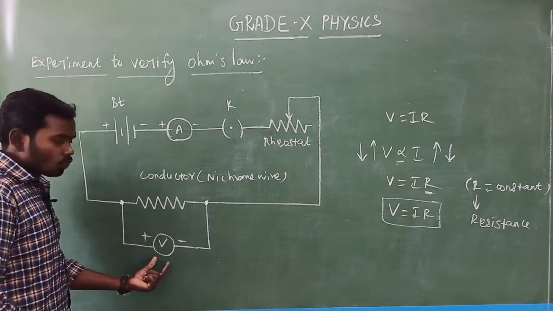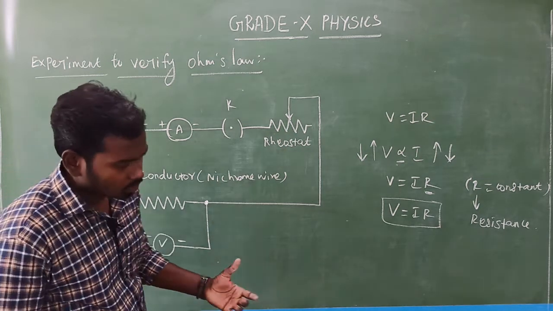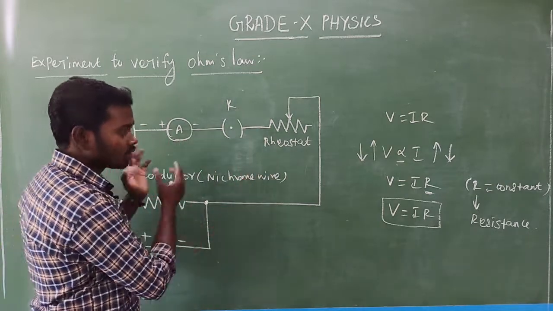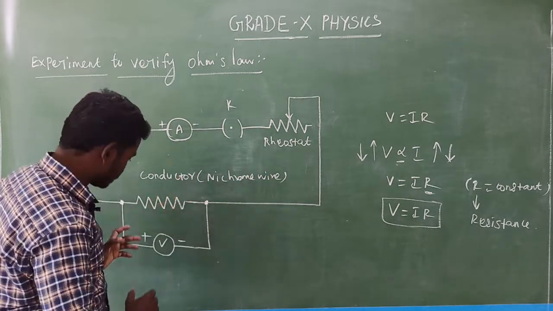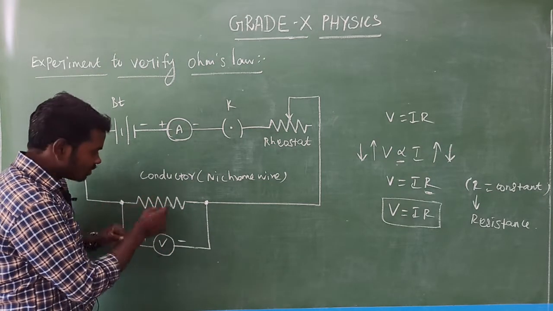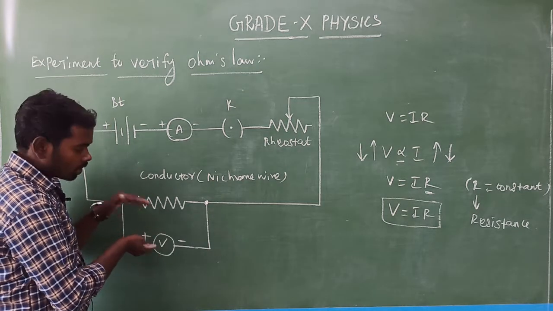Look here, the voltmeter. The voltmeter is used to measure the potential difference, how much voltage is passing through this circuit. The voltmeter is connected in parallel to this conductor.